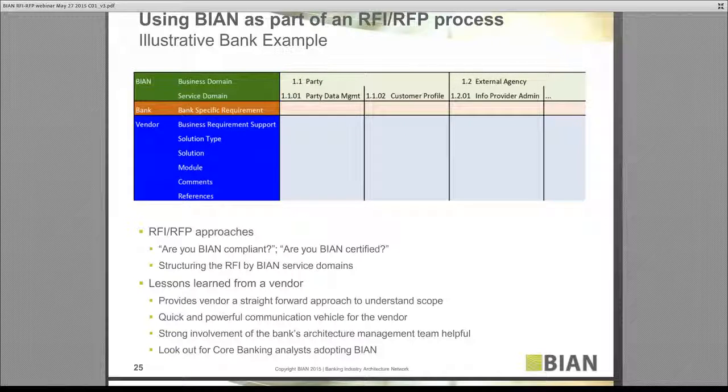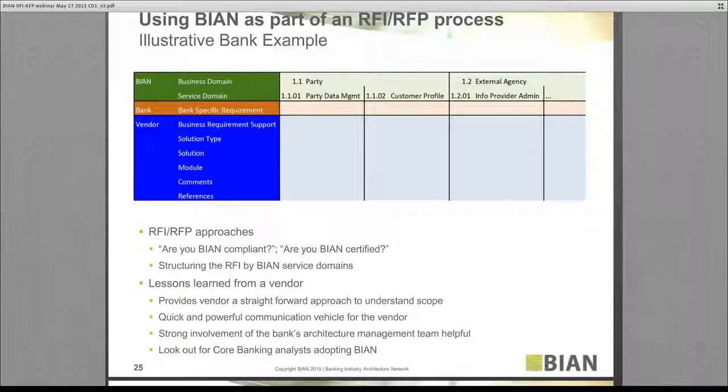For us, it allowed us to be quite quick when it comes to responding to the vendor's needs. It was quite quick also to clarify open questions when we were not clear about what the concrete ask is. I can only strongly recommend to heavily involve the architecture management teams of the banks.